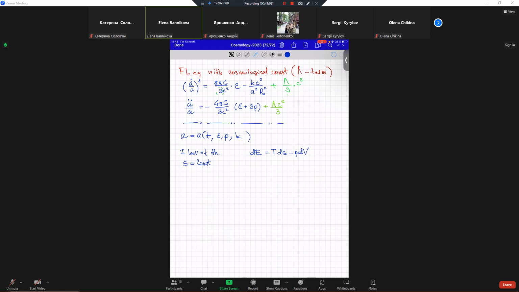Why? Because, for example, when we used the expression for the stress-energy tensor, we used it in the form, you remember, u_k u_i minus delta_ik P. What does it mean to consider the stress-energy tensor in such a form?